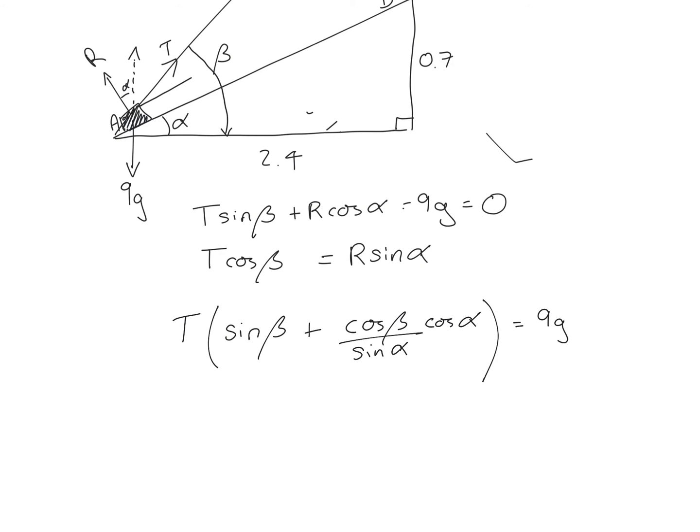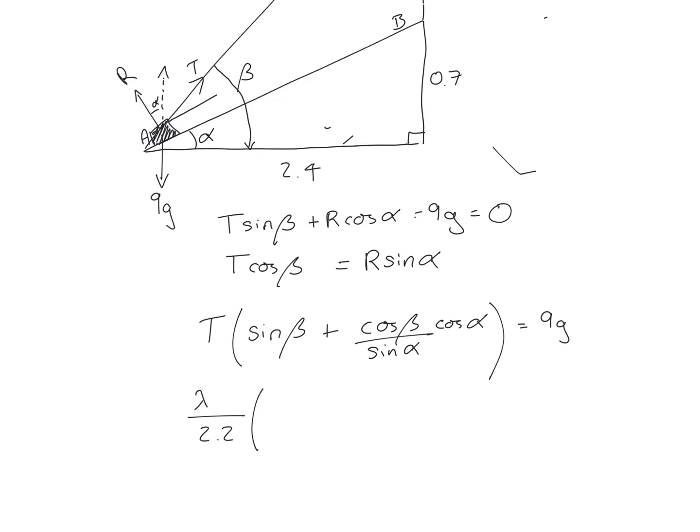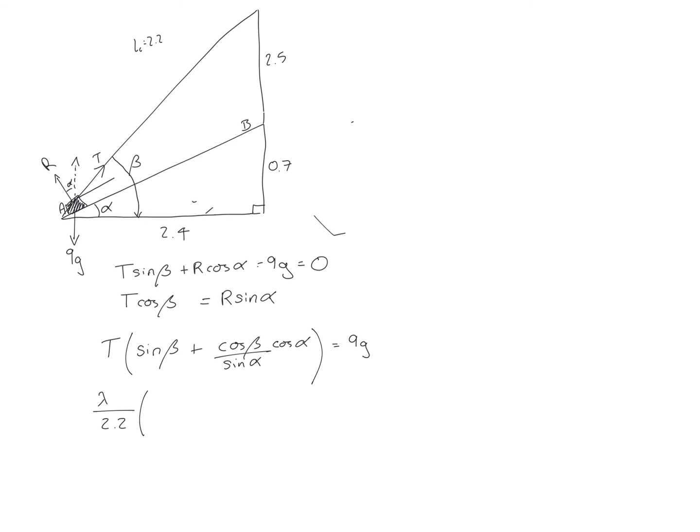Well, these are all things that I can work out. And T is lambda x over L, which is 2.2. We can work out what the extension is, and we can work out sine beta.